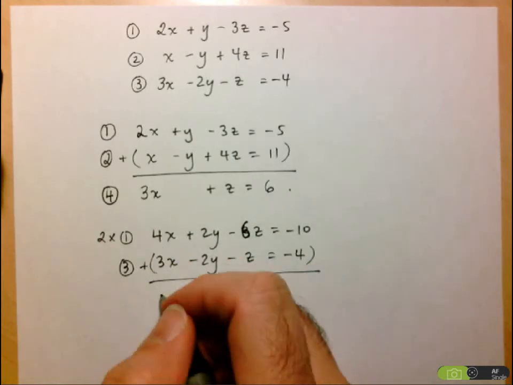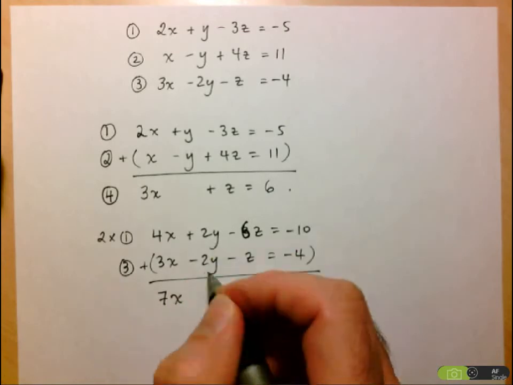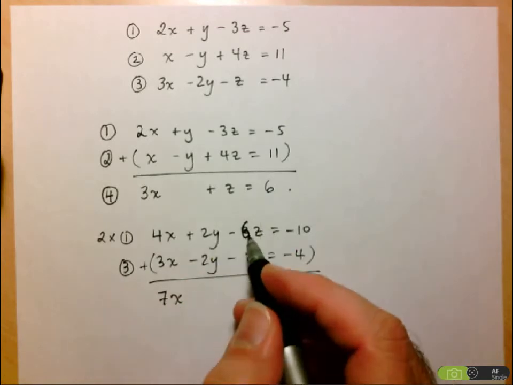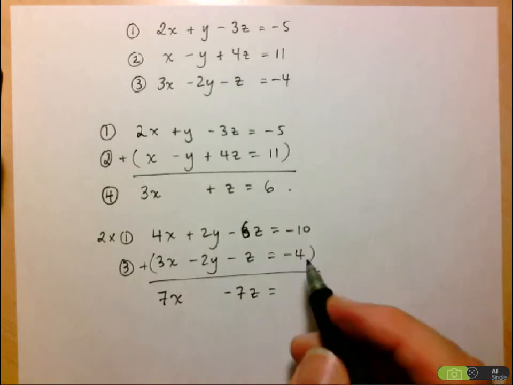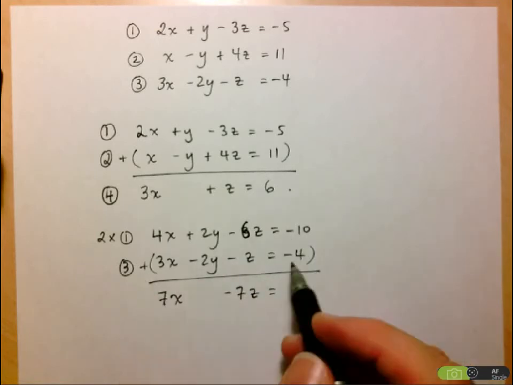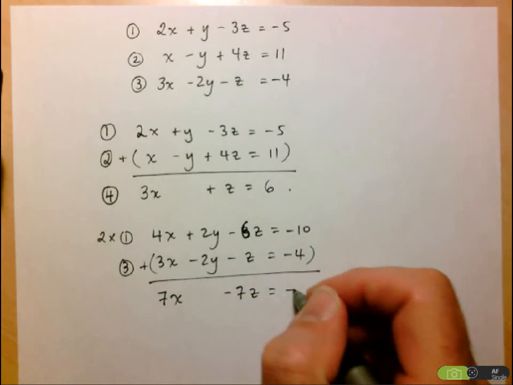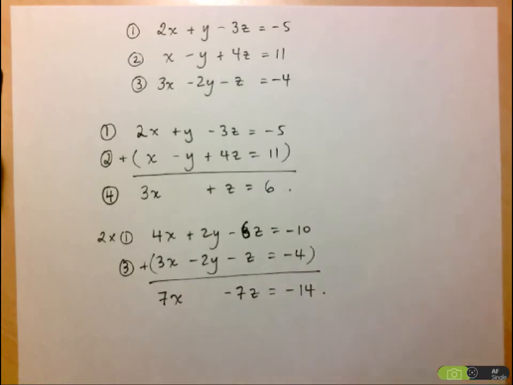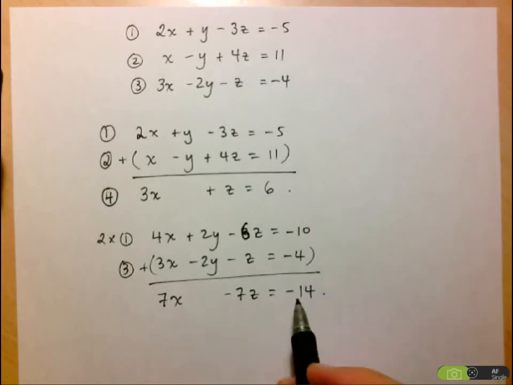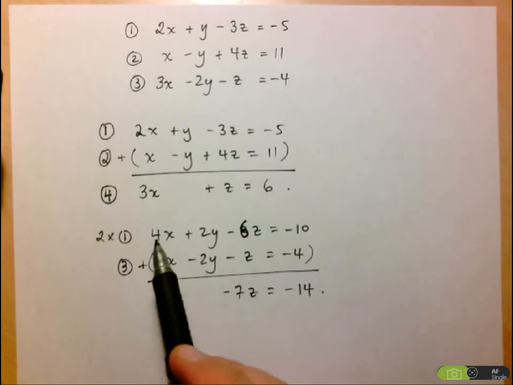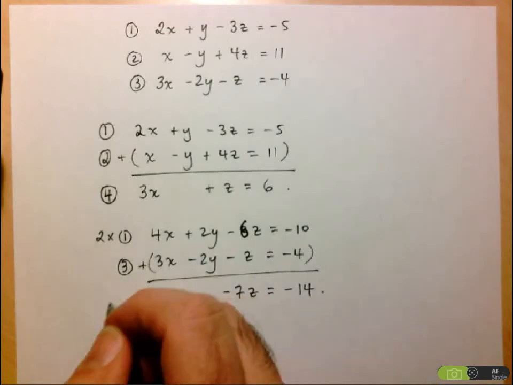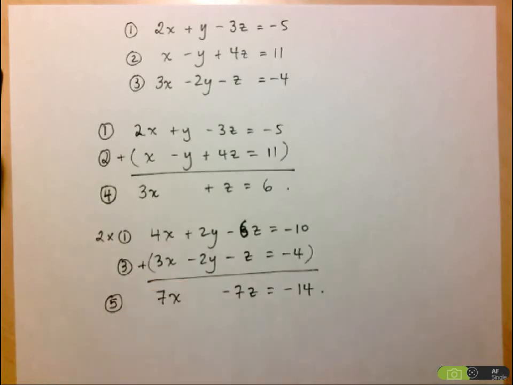Again I can add these two equations to eliminate the y variable one more time. So here 4 plus 3, I have 7x. This gives me 0 for y. I have -6 minus 1, so -7z, and here we have -10 minus 4, -14. This new equation that I formed by multiplying equations and adding or subtracting them, again both elementary operations, I can now call equation 5.